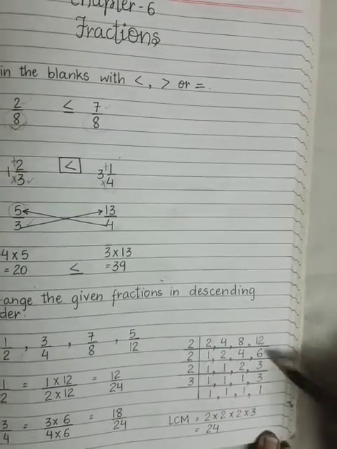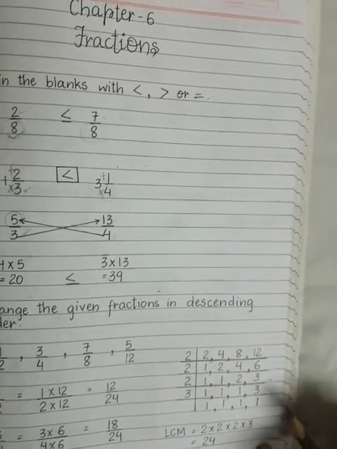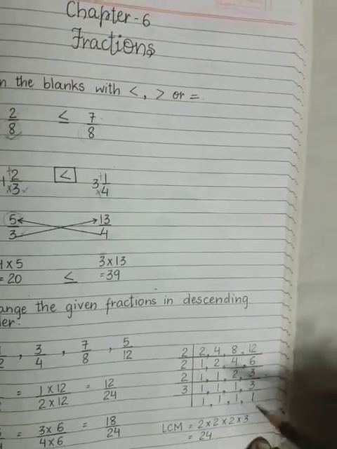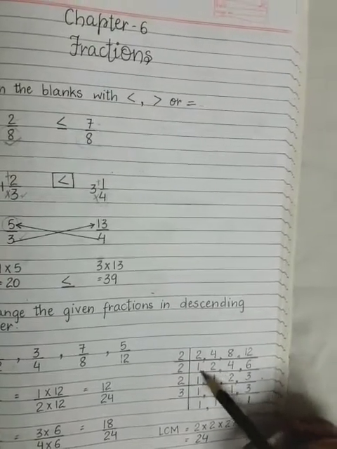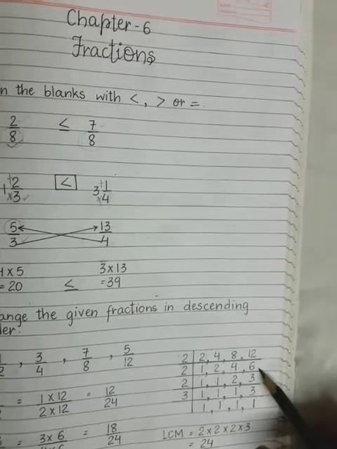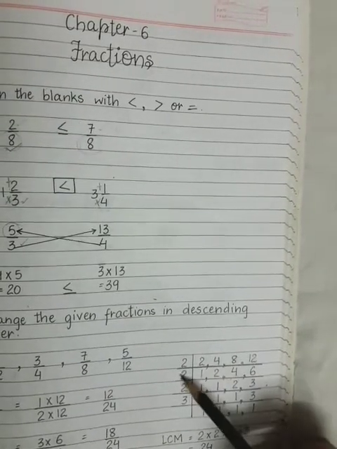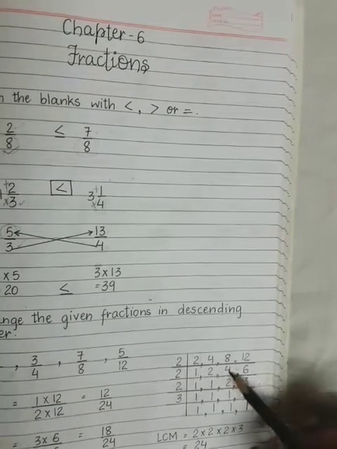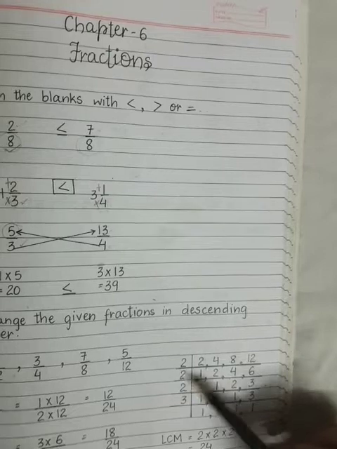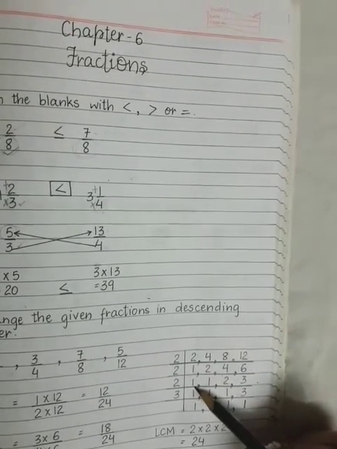And we will finish the LCM when we get 1 as the quotient for all the numbers. By then we will just continue dividing. So, again these numbers 2, 4 and 6 are commonly divisible by 2. So, we write 2 here, 6 divided by 2 gives us 3, 4 divided by 2 gives us 2, 2 divided by 2 gives us 1 and 1 will come as it is.